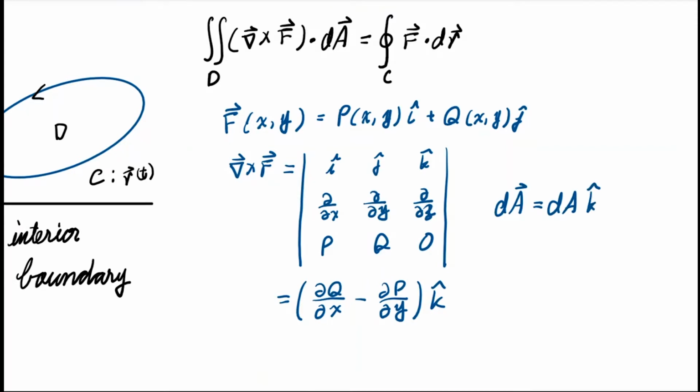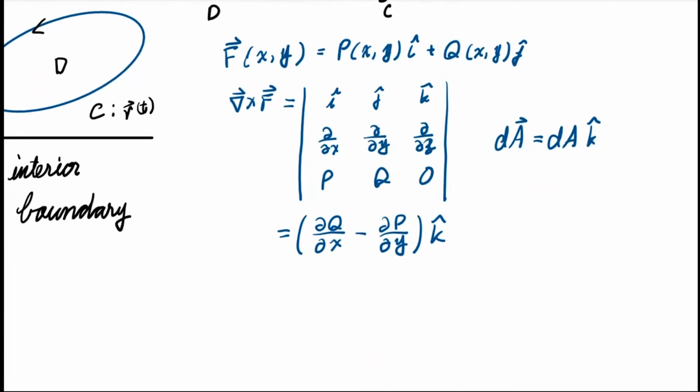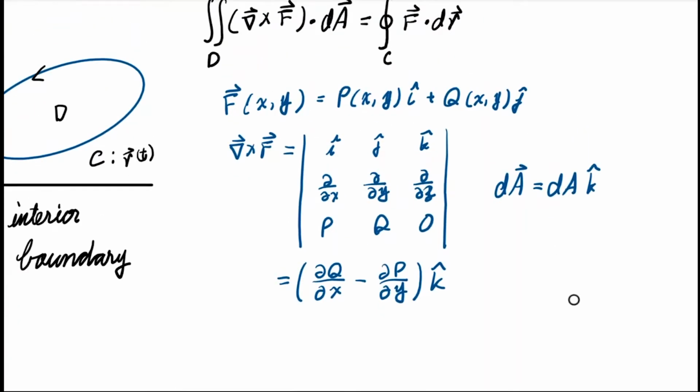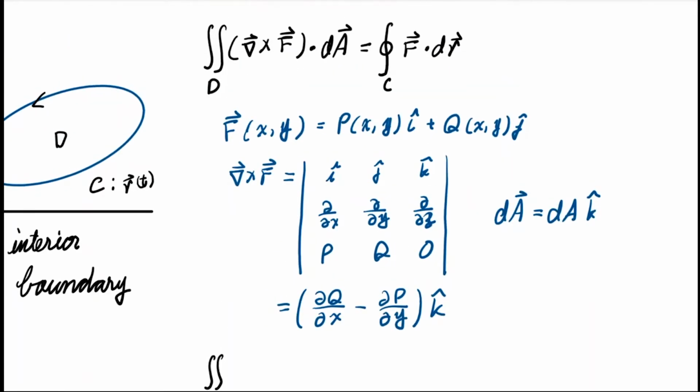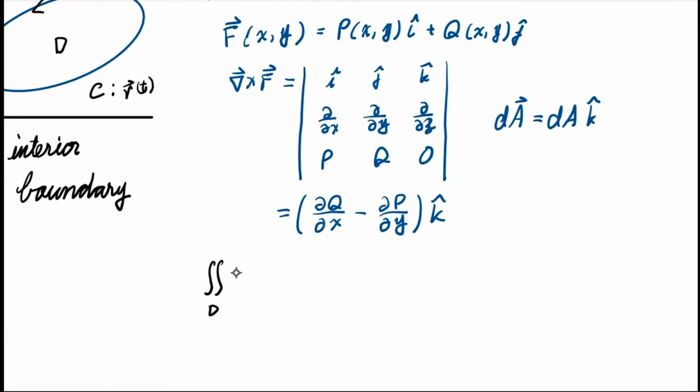So it's an upward vector, so we can take a dot product. Let me rewrite that Green's theorem now into the textbook version. Your textbook version of Green's theorem looks like this: the double integral over D of that cross product, which we computed here. So I'm going to put that in.